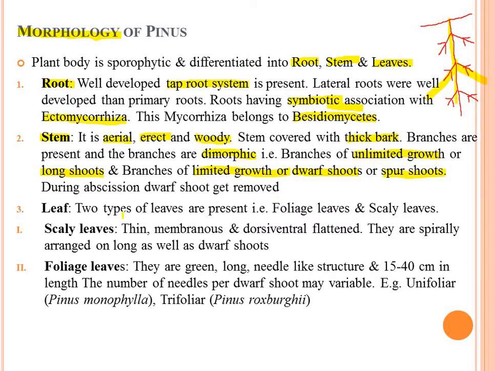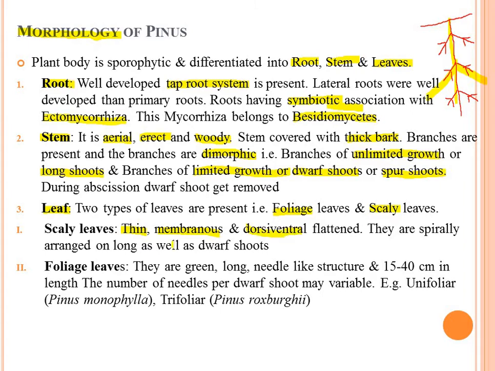Then the leaf. Two types of leaves are present. One is foliage leaves, which are generally green, somewhat large, and responsible for photosynthesis. Then scaly leaves, which are somewhat small, membranous, and responsible for providing protection to the plant. The scaly leaves are thin, membranous and dorsiventrally flattened.